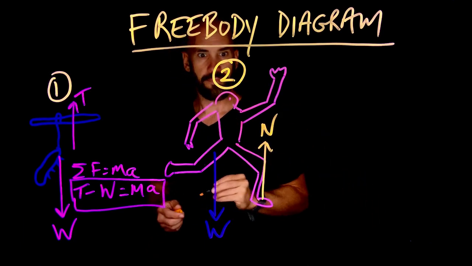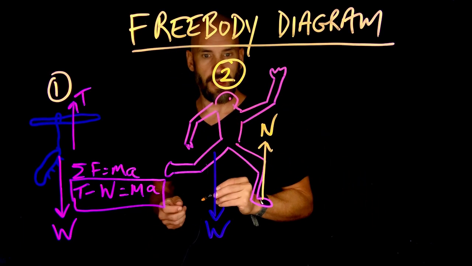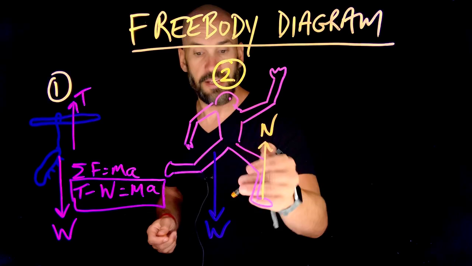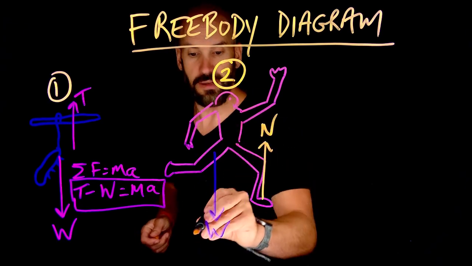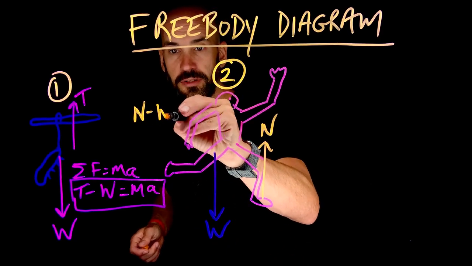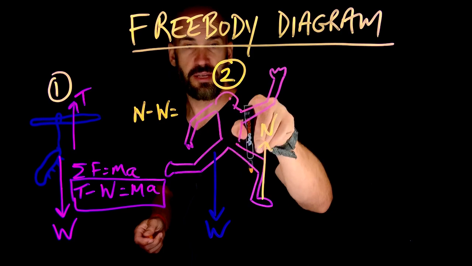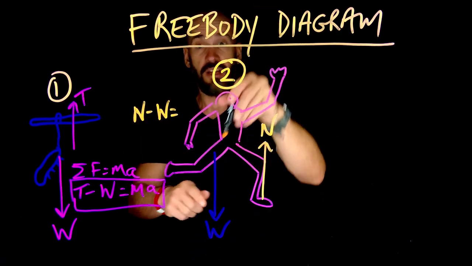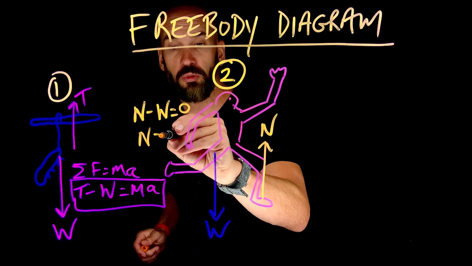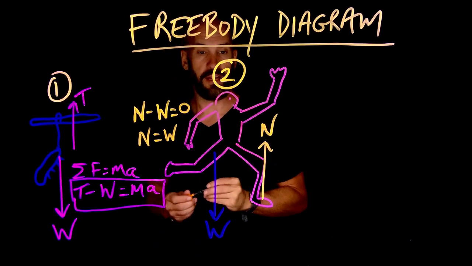I'll call that N. Now, that's everything that's going up and down. So we know that in the y direction, we can say that N minus W equals his mass times acceleration, but he's not going up or down, so this would just be 0. N minus W equals 0. In this case, the normal force would have to equal the weight.